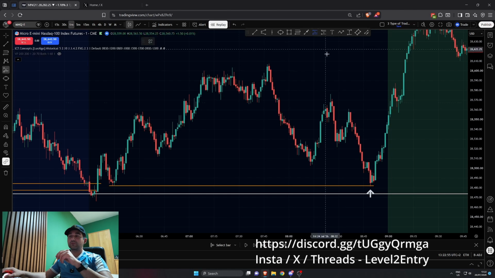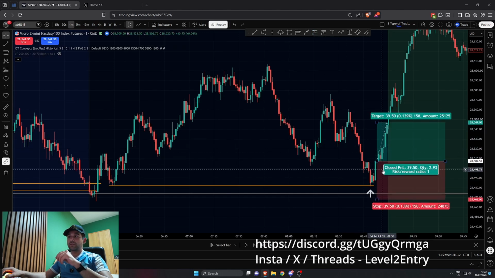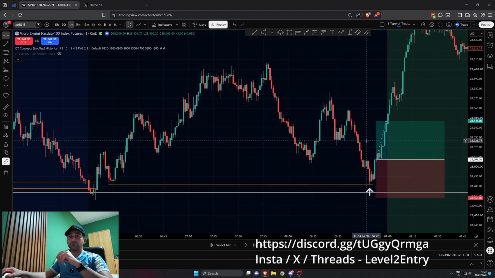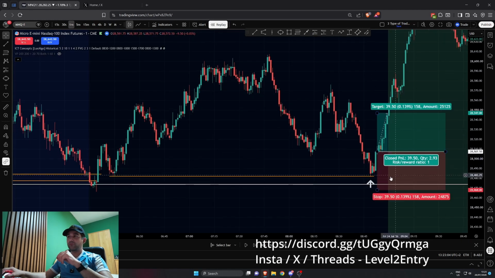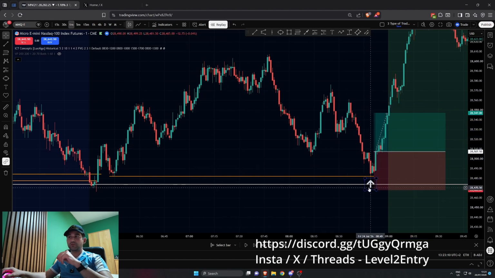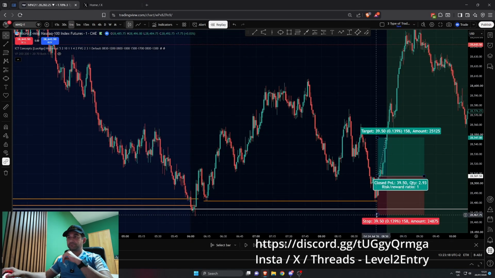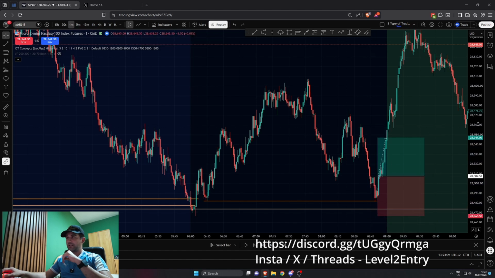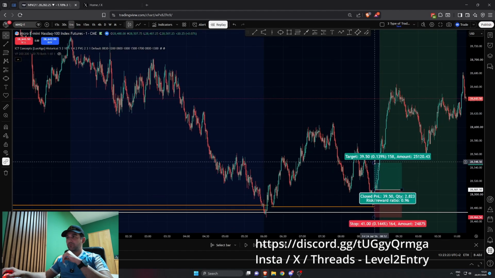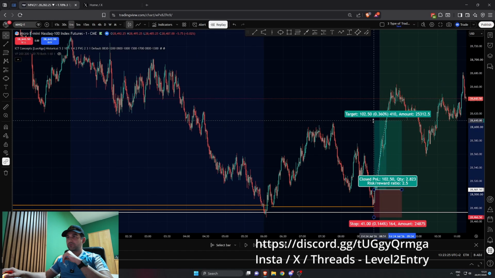That was the long setup that I took last Friday, which made me around 2.5R. So the entry is there, the stop loss, like always, we make it below the low of the bullish movement, which is right here, and I closed the trade at 2.5R, which was right here.